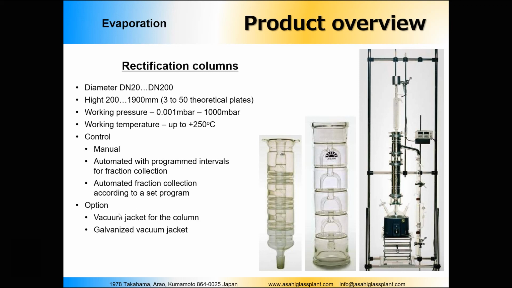There are also some options like a vacuum jacket for the column or a galvanized vacuum jacket. A vacuum jacket is needed in order to keep the temperature at a certain level. So this column section is without a jacket and this one is with a jacket.